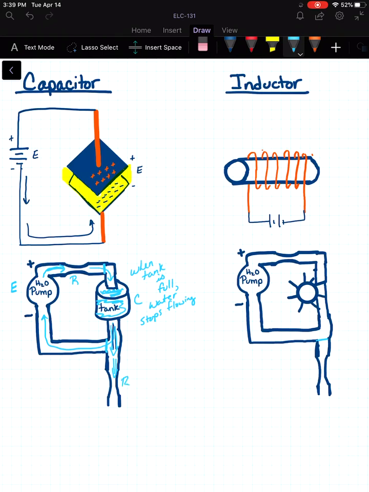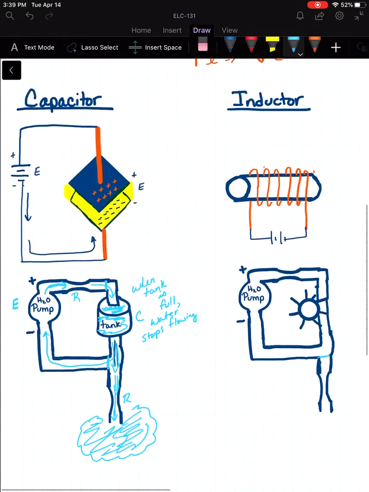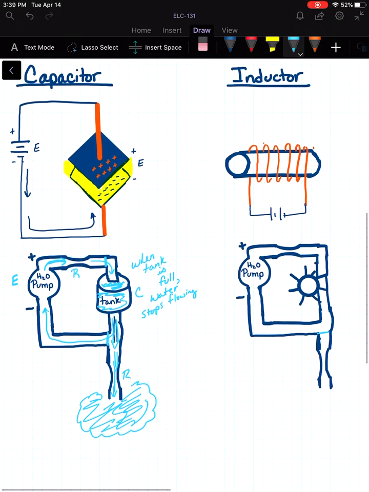Again, here's another resistor, so we're going to restrict the flow rate of that water, and then eventually it just runs out. We might control where that goes, but that's the discharge phase of our capacitor. Basically we cut off the supply and we allow that water to leave the tank.